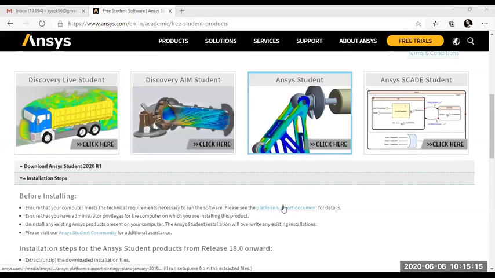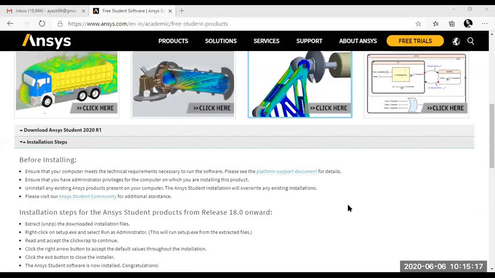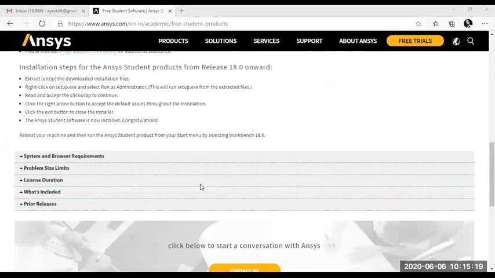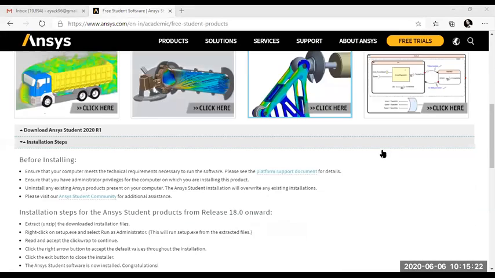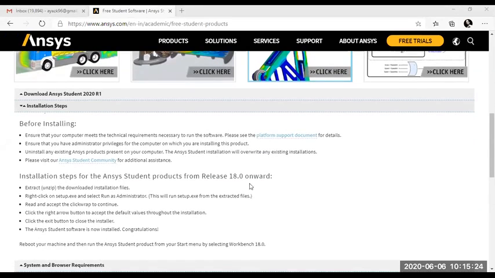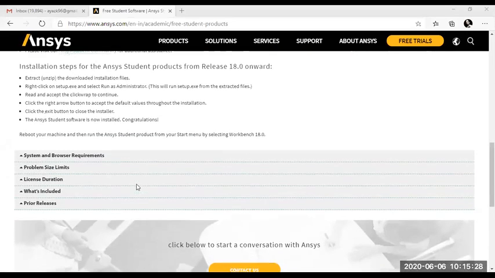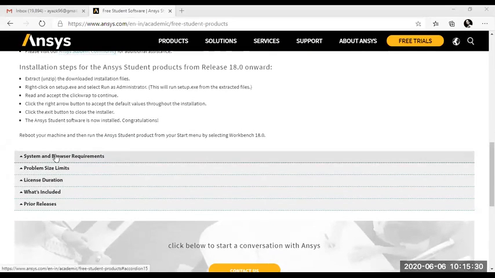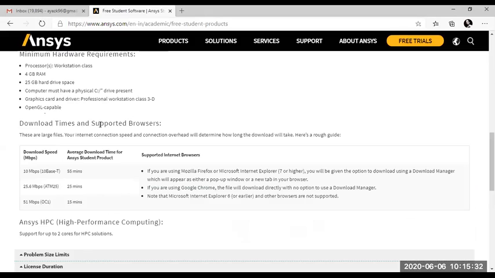I hope every one of you has the capability to download software. It will take data in GBs, I guess. And here are some system requirements.